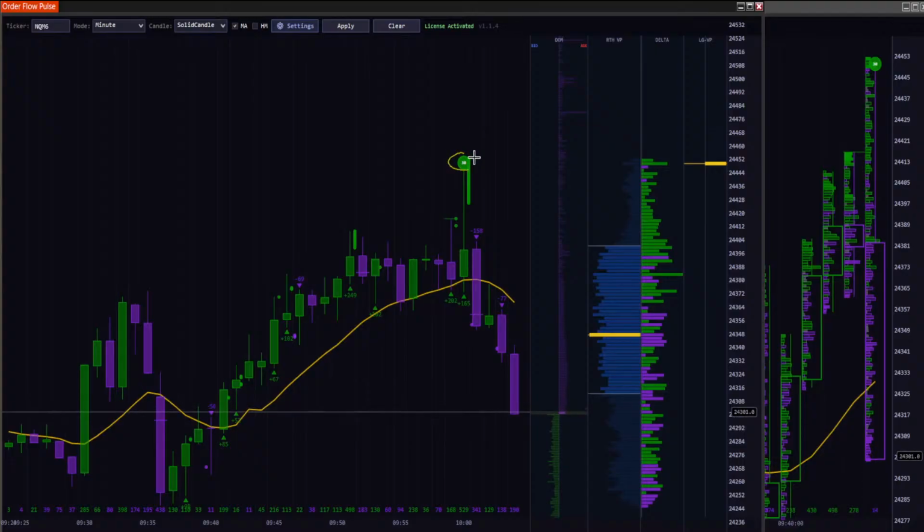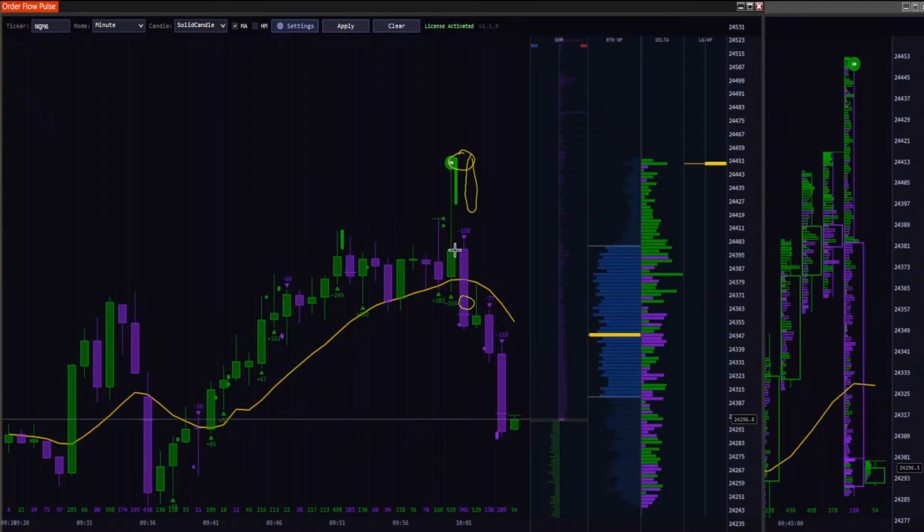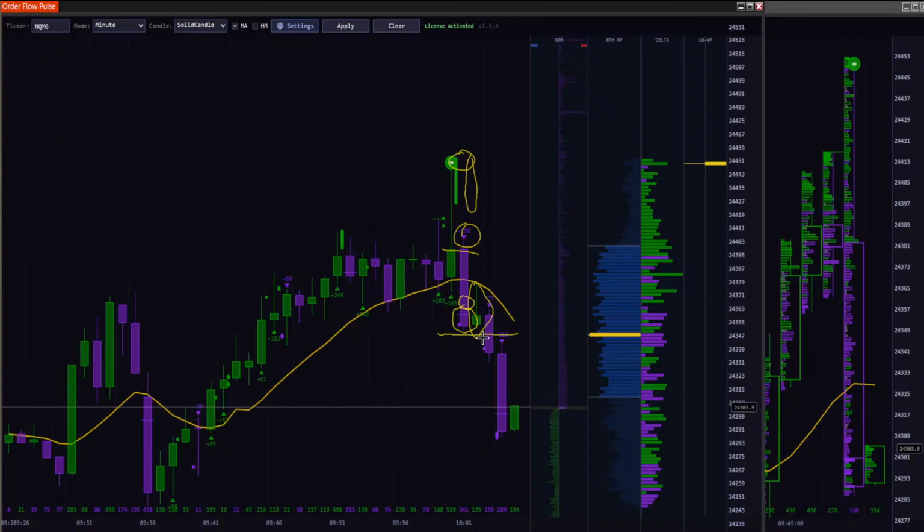That single order contract kicked in, you've got that delta surge right there of 165, and we closed right here. Then this delta surge right here with a sell imbalance with an inside bar, you get in on the break of that, and then you're down here for about 40 points.